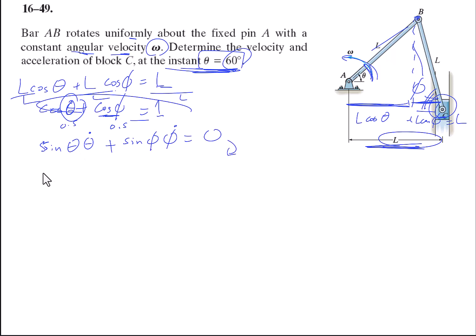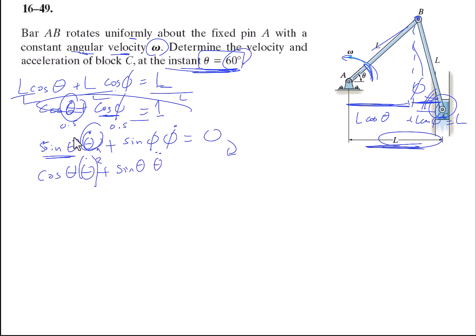So it will be cosine theta times theta dot squared, because we have another theta dot here, and then the derivative of this other factor, so plus sine theta times theta double dot.